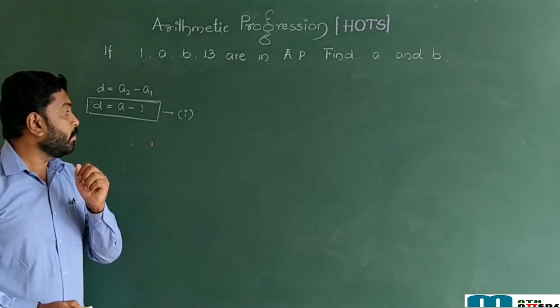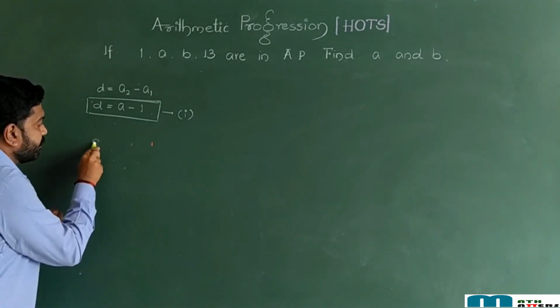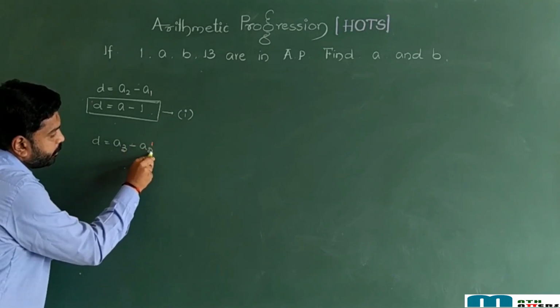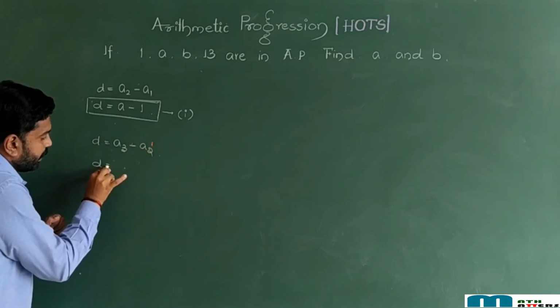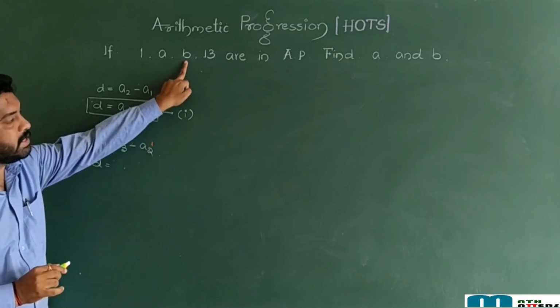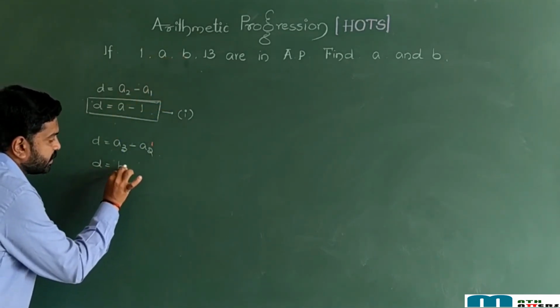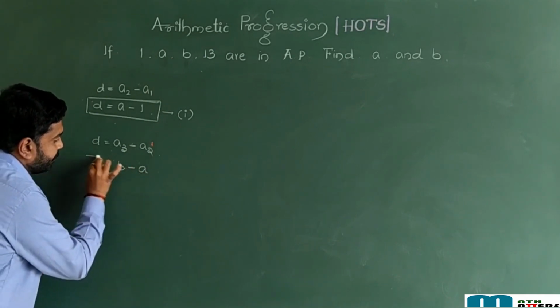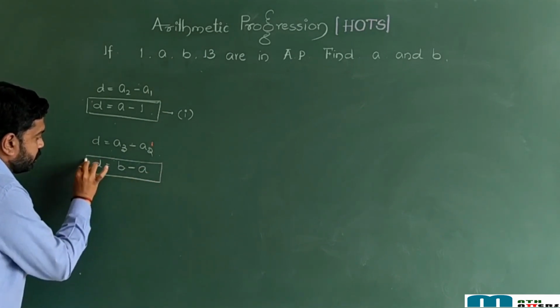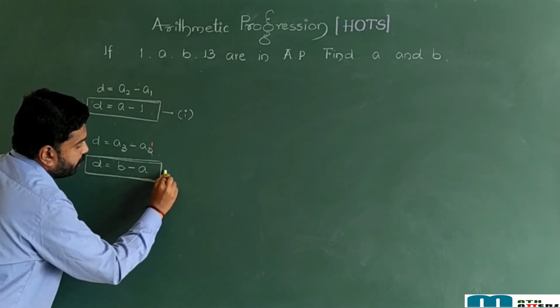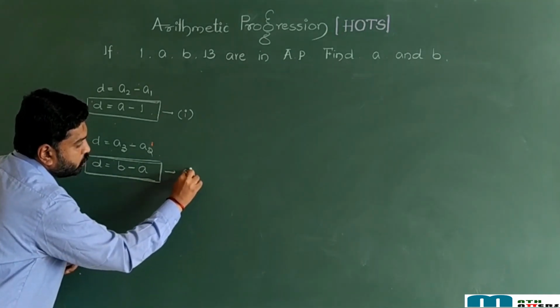I will take a second common difference now. d is equal to a3 minus a2. a3 is b, a2 is a. Therefore, I can say b minus a. This I can call equation number 2.